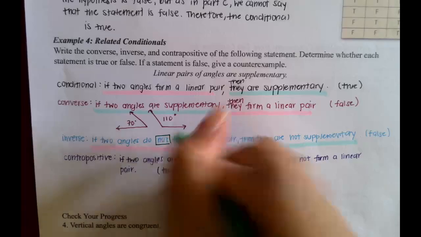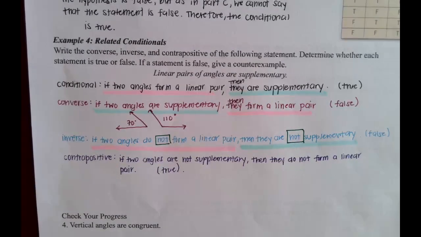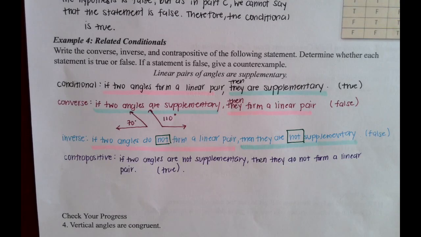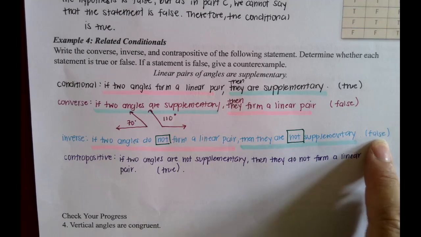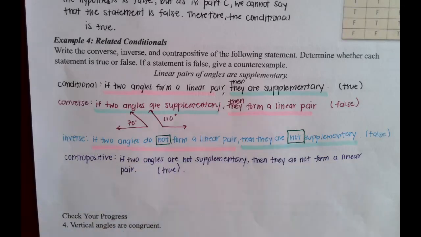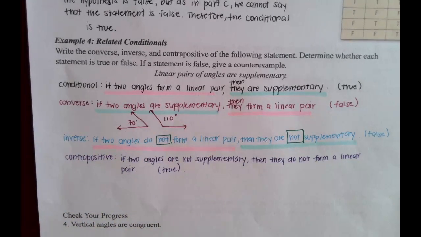So the inverse keeps that order of the conditional, but now puts a not in front of both of them. So the inverse: if two angles do not form a linear pair, then they are not supplementary. And that is false as well. These two angles are not a linear pair. However, they are supplementary. So that's a counterexample to this statement here.